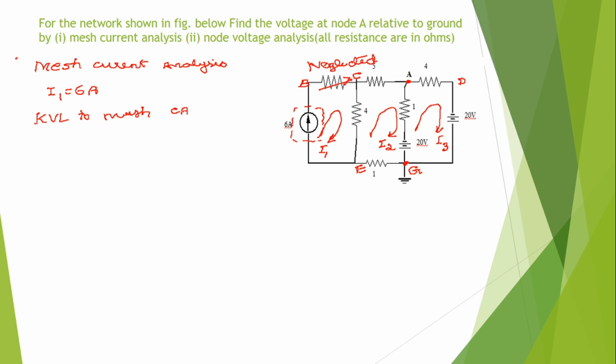The second mesh, C A G E C. While applying KVL, I am tracing the path C to A, A to G, G to E, and E to C. While tracing the path C to A, what is the direction of current flow? Current I2 flows in this direction, C to A.